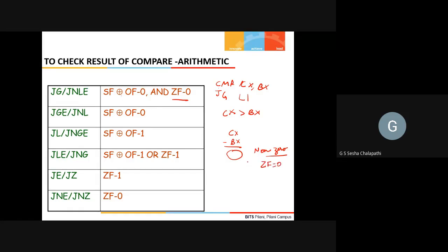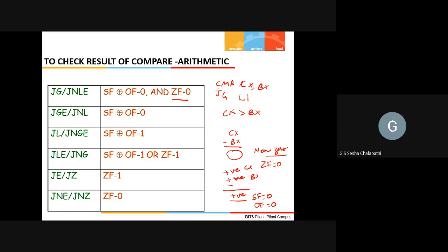So the zero flag should be 0. And further, when you do the subtraction, the sign flag and the overflow flag should both be 0. That means if you have a positive number and a positive number, both CX and BX, and you subtract them and the result is a positive number, then the sign flag is 0, and if the overflow flag is also 0, you can be sure that CX is greater than BX.